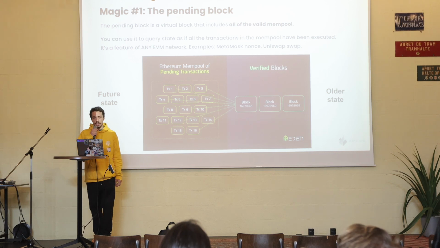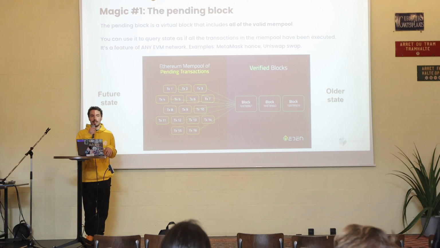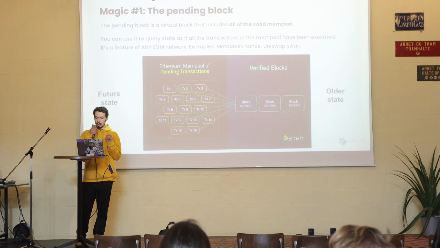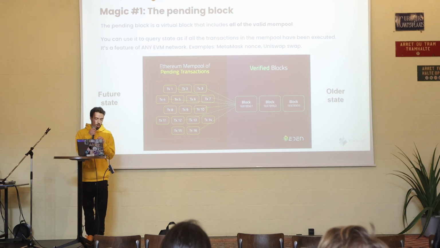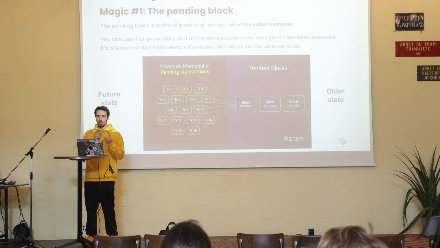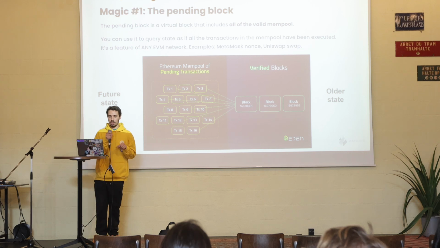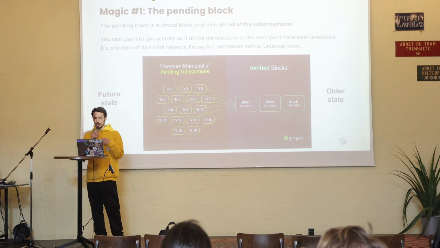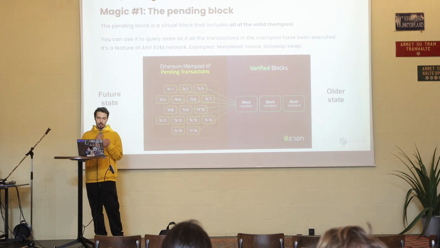One very simple example is, I take MetaMask and I very quickly sign and send the transaction on one laptop, but then I go on another device and I do the same really quickly. And this is going to work. How is it going to work if the second computer doesn't know about what we did on the first one?